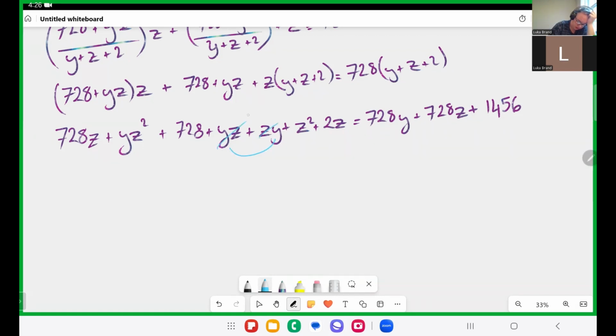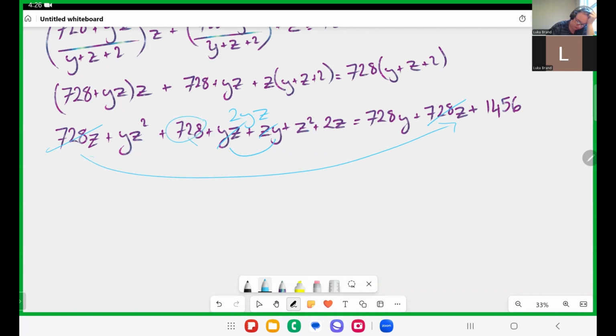Those are going to add together to be 2yz. This and this are actually going to cancel each other out. Because if I do the opposite on the other side, 728z minus 728z are going to equal 0. Let's keep that line in, so when I'm checking my work, I know what I did. yz squared, can't do anything with that.